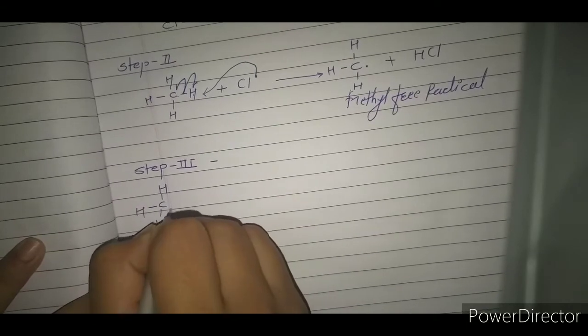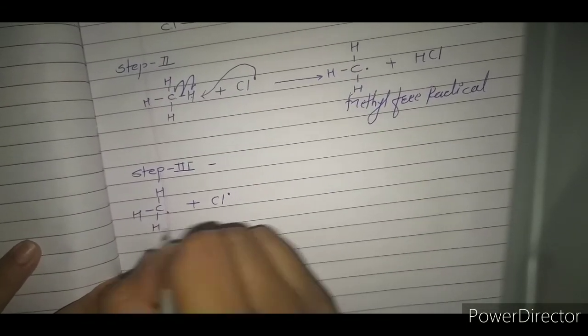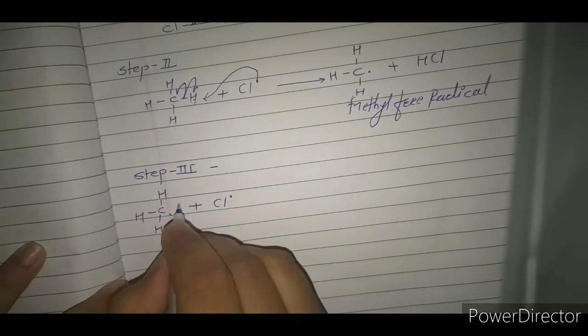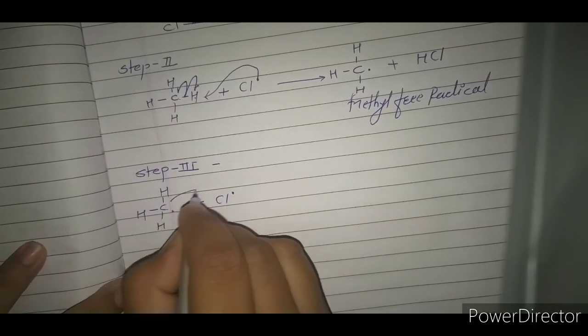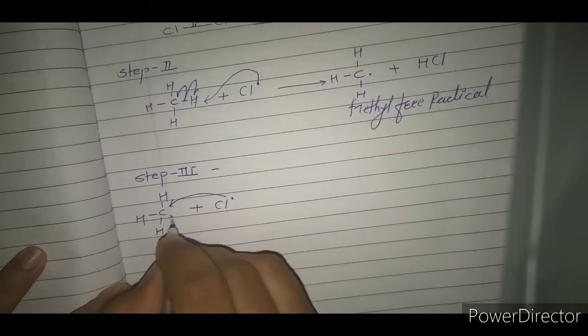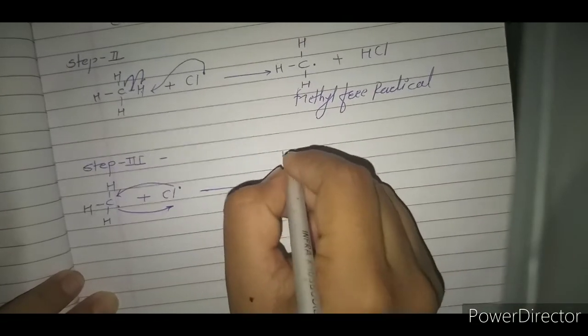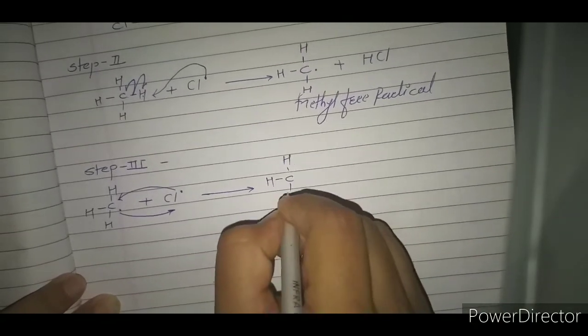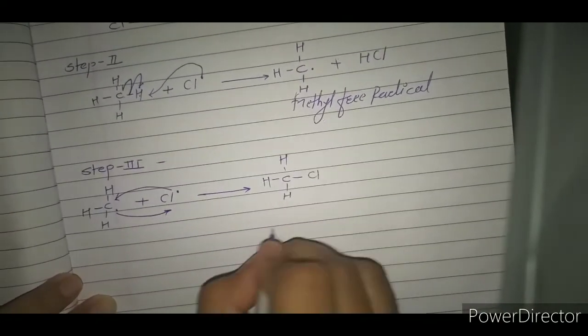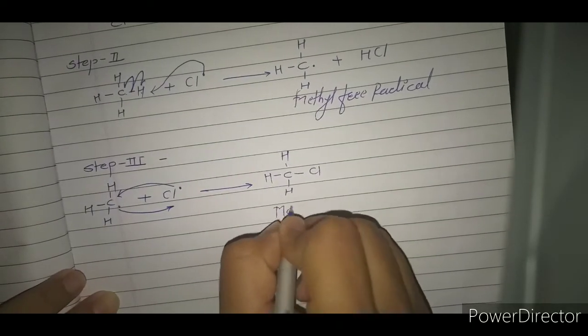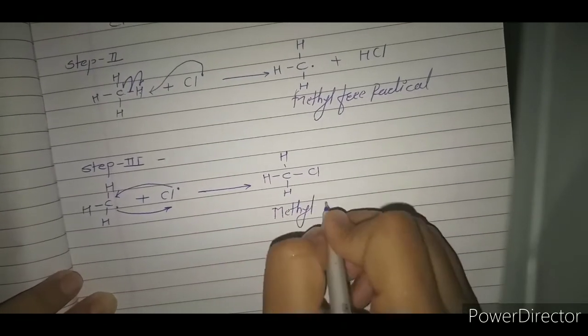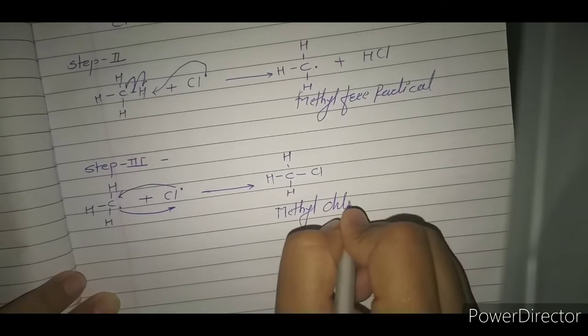This is your methyl free radical and this is your chlorine free radical. So this chlorine free radical attacks here and forms final product. Name of this product is methyl chloride.